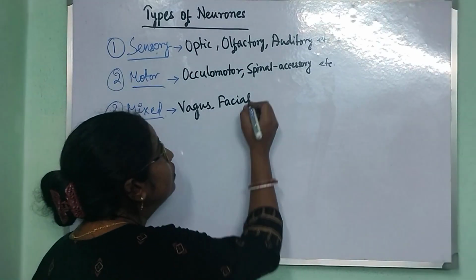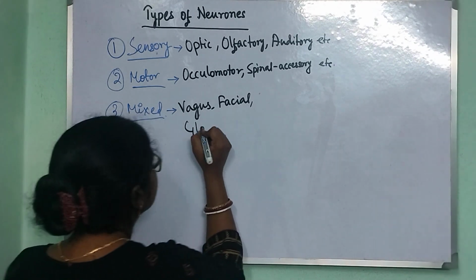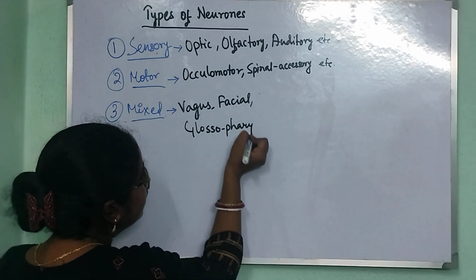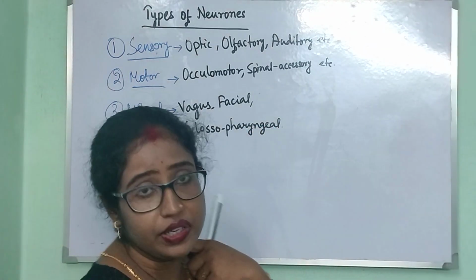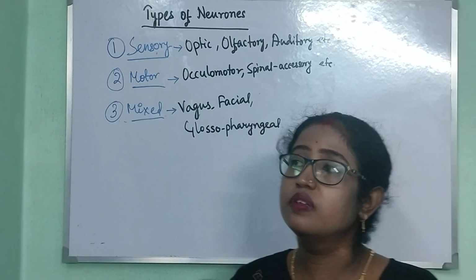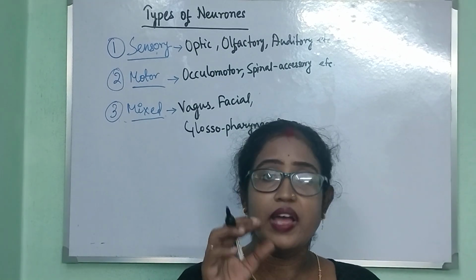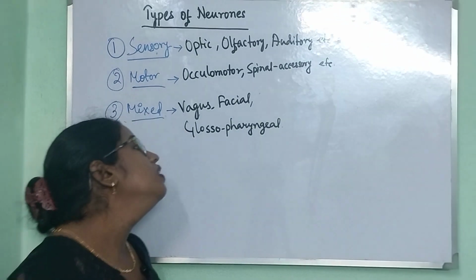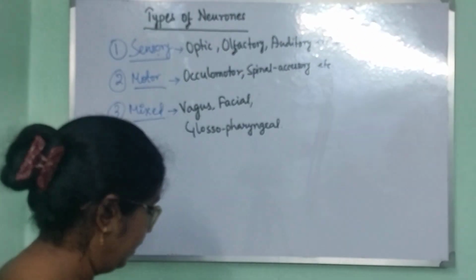Then we have the glossopharyngeal nerve, which is situated just at the connection between our tongue and our pharynx. So these nerves are mixed in property.